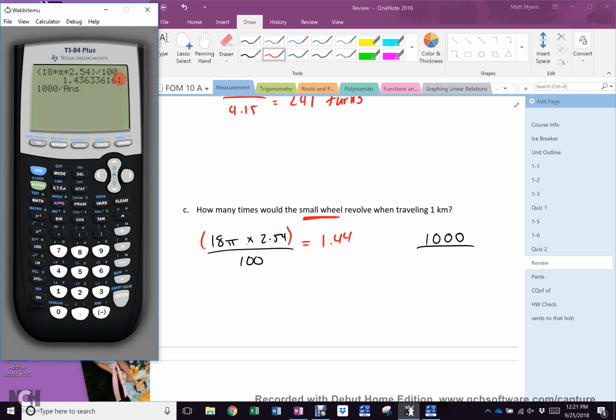That was the last thing I pushed equals for. The calculator knows it. 1,000 divided by that equals 696.21. Which means I need to actually turn the wheel how many times? You would round that off to 696, but if I only turn it 696 times, have I gone the kilometer? No. I need to turn it the 697th time.